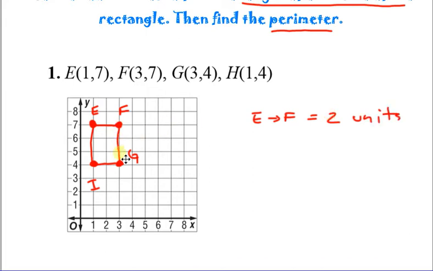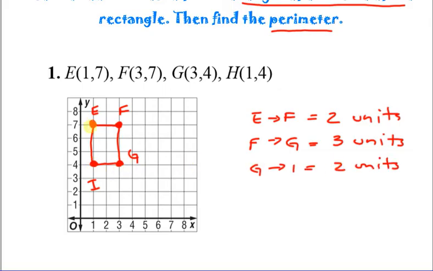The distance from F to G is 3 units. The distance from G to I is 2 units. And the distance from I to E is 3 units.